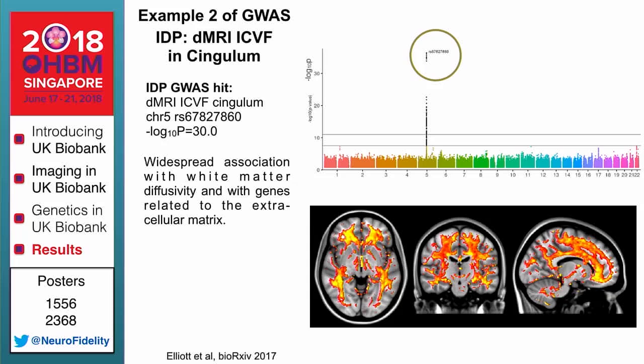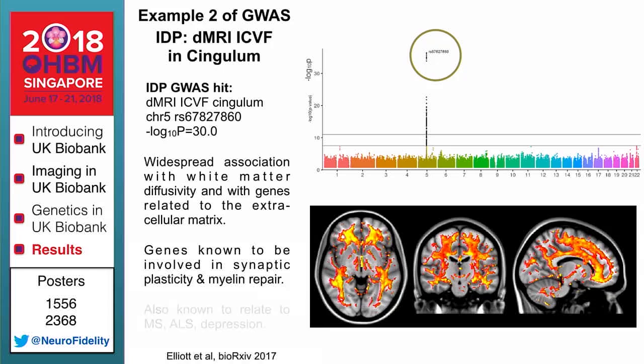And that SNP is related with genes associated with the extracellular matrix. And also, these genes are known to be associated with plasticity and with myelin repair, and with diseases like depression, ALS, and MS.